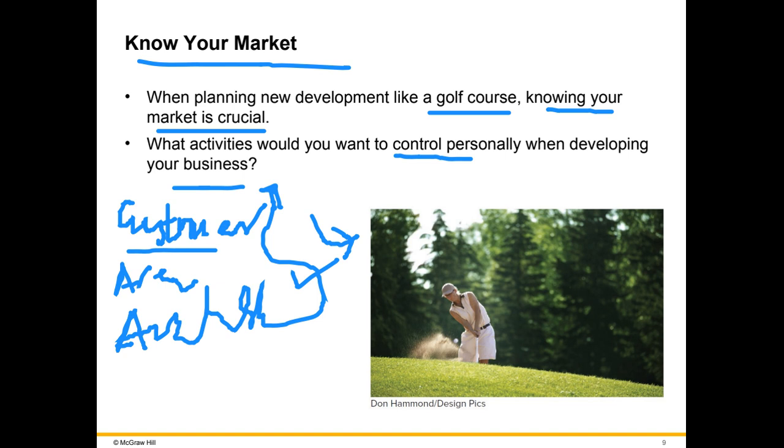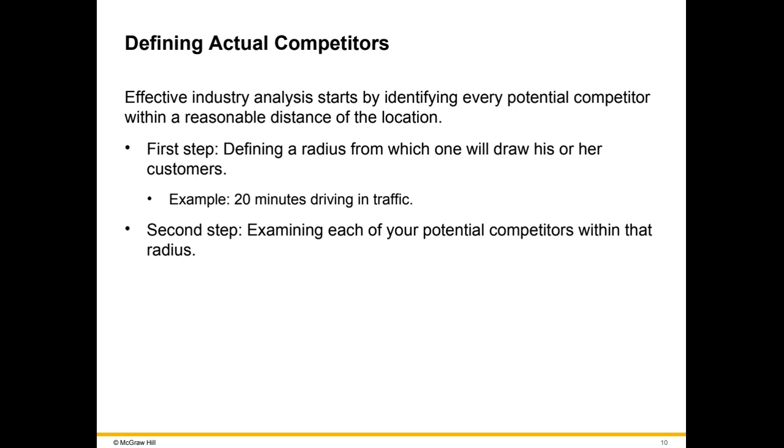Then defining your actual customers. That is again very crucial. Effective industry analysis starts by identifying every potential competitor within a reasonable distance and location. So your job is to identify every potential customer. Now you can go a bit broad.